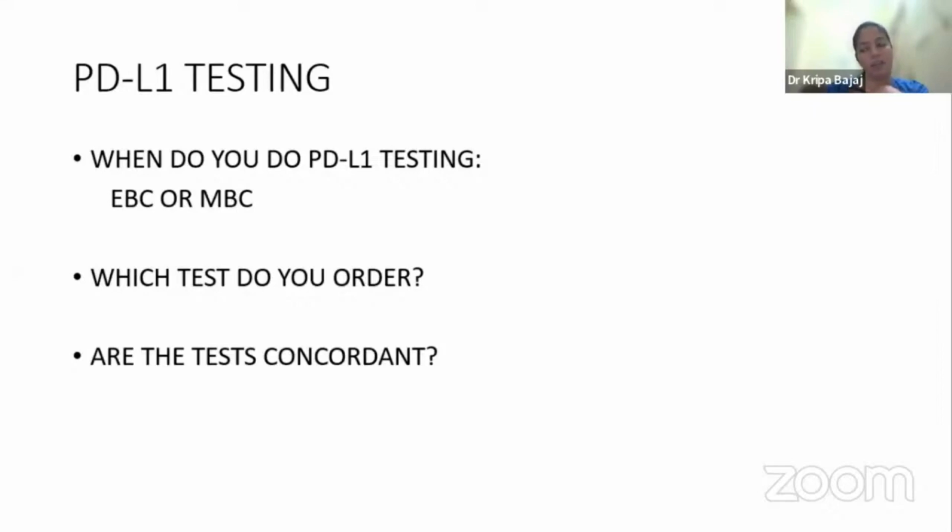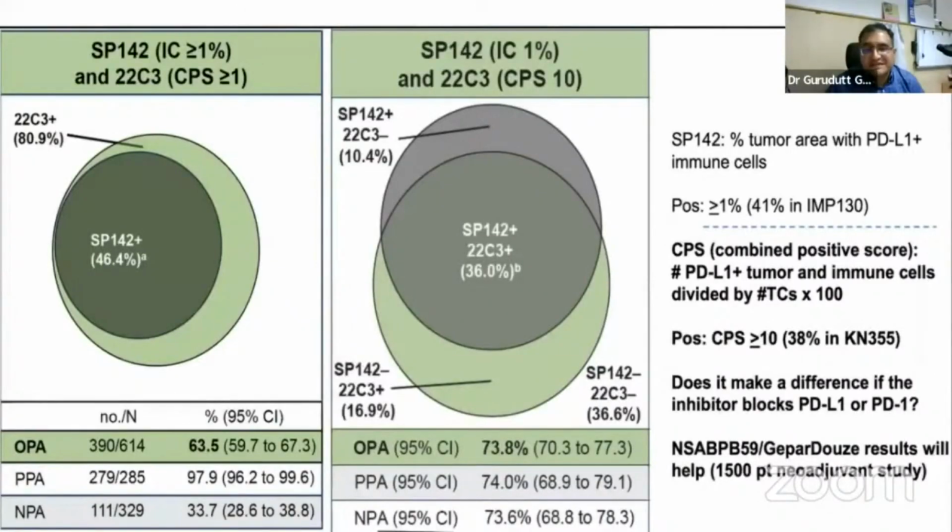Yes. So Dr. Gupta, what do you have to say on this? Ma'am, I think using SP142 for Pembro is not a good idea, because in our experience, we have done around 52 TNBCs on SP142 for Atezo, and the positivity is around 27% at 1% and above.